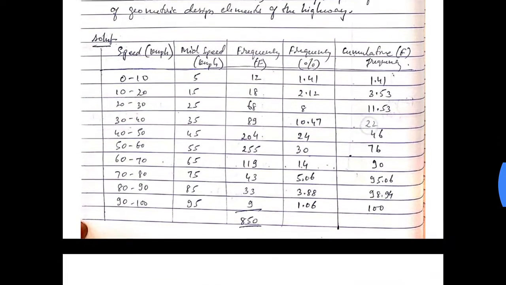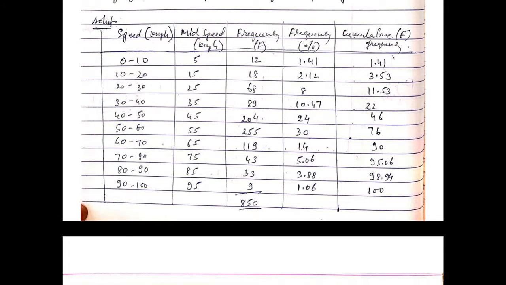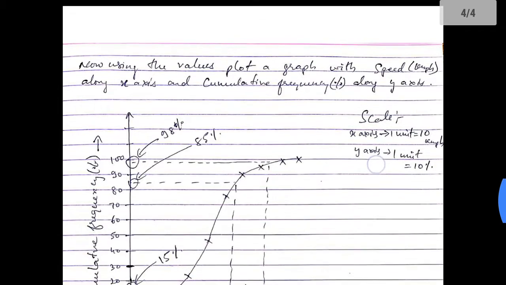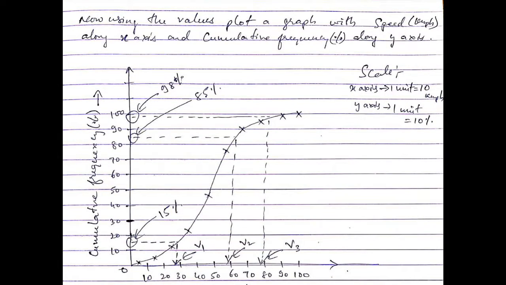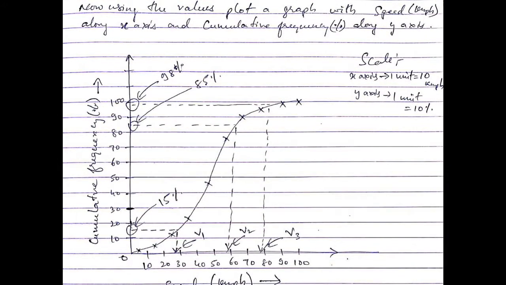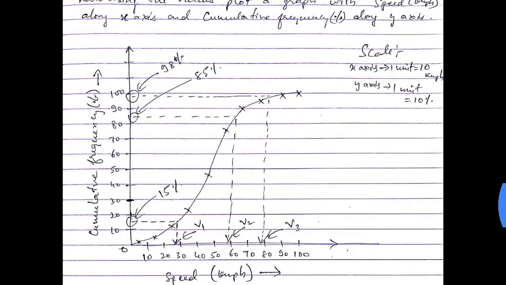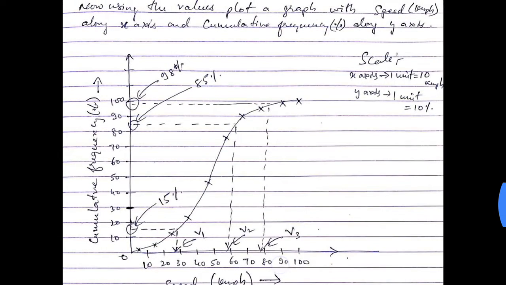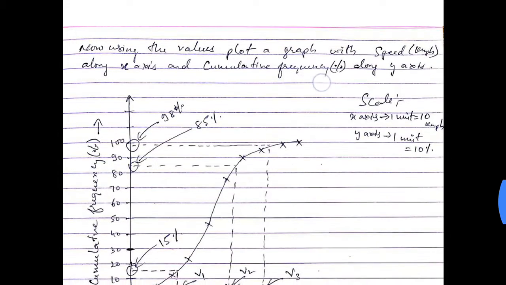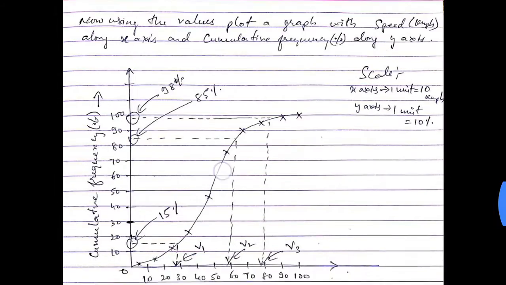Now that you have this table, we need to plot a graph. Using the values, plot a graph with speed in kmph along the x-axis, and cumulative frequency percentage along the y-axis.